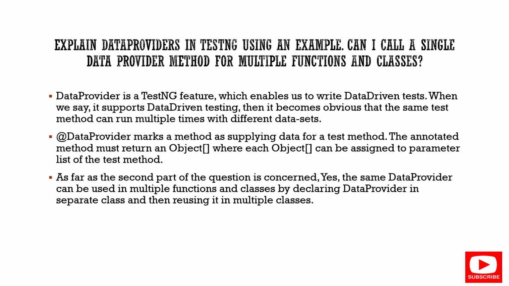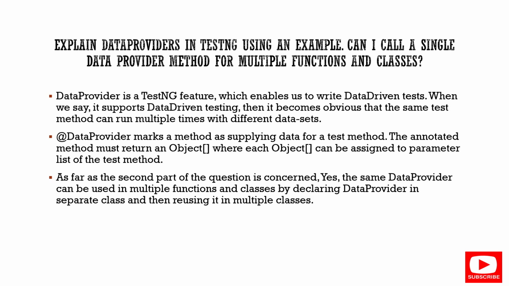Because sometimes in Excel you will have a username, password, and some numbers, some strings, some integers, some float values. Sometimes in a data provider these kinds of inputs give you a data type issue. It says expecting string but found integer, expecting integer found string. So these kinds of issues will occur.